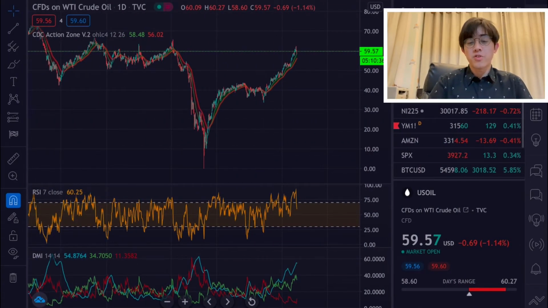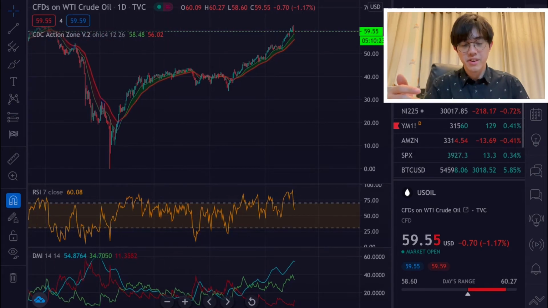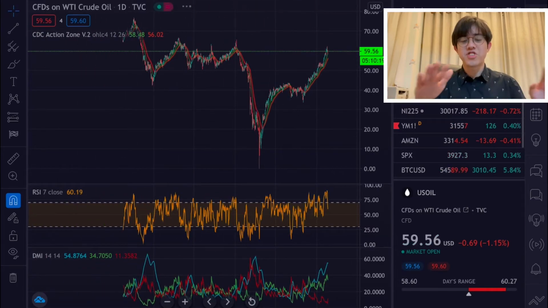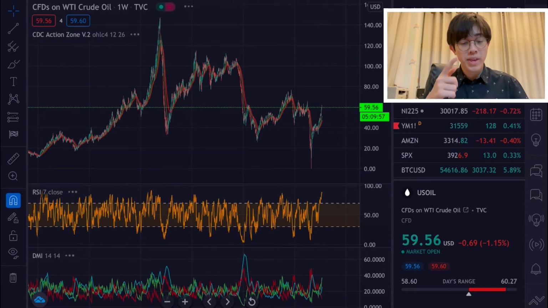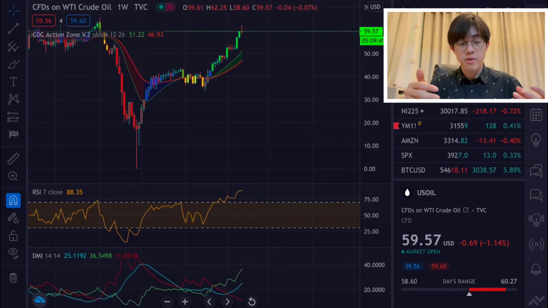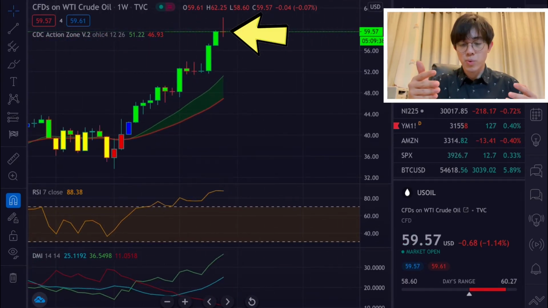We are moving on to oil. We will be using US oil and Brent oil here. As you can see, crude oil is now returning to the pre-coronavirus price after a very strong bullish climb without any legitimate support line here. Plus, if you switch to the weekly graph, you can spot the obvious reverse hammer that has been created this week.